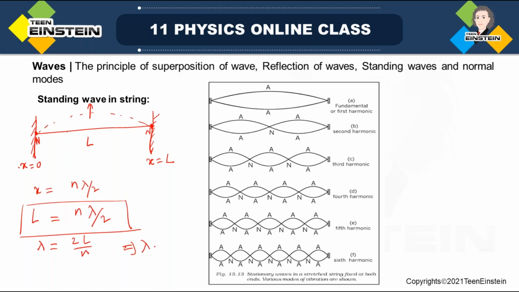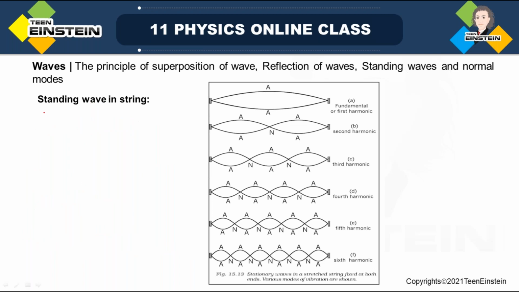Your length of the string has to be half of the wavelength. Okay, so this is the case. All right, so in general, L is equal to n lambda by 2.